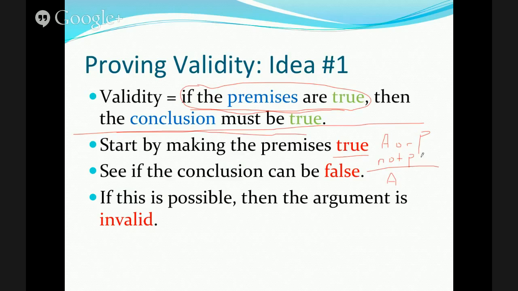So the only way to make not P true is to make P false. But if we make P false, in order to make A or P true, the only way is if we make A true. And if we make A true, we've made our conclusion true.